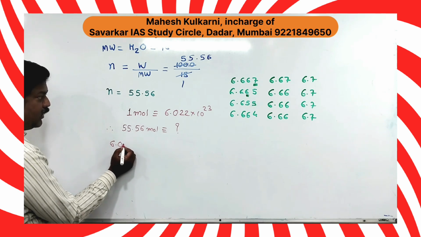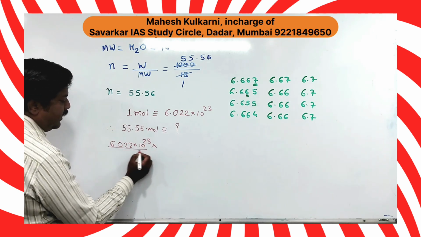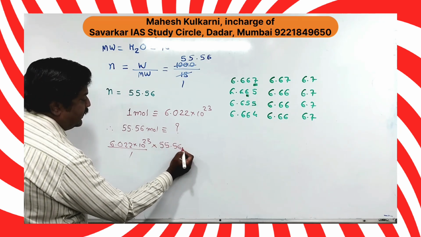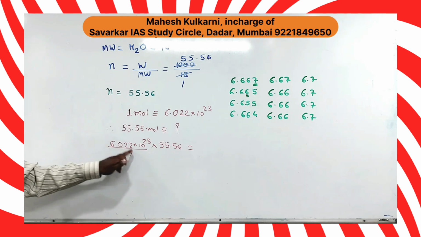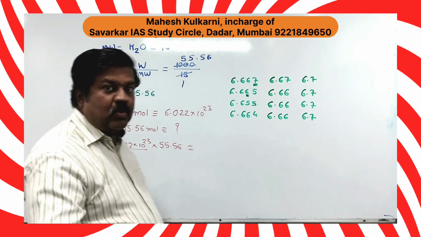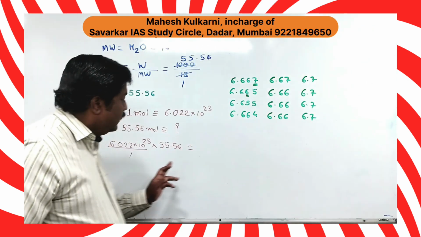So the answer is 6.022 into 10 to the power of 23 divided by 1, multiplied by 55.56. So we get the multiplication of these two figures and the multiplier of 10 raised to 23. I hope you are able to do this calculation.